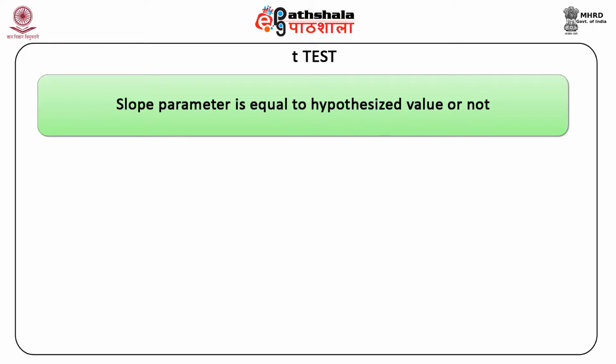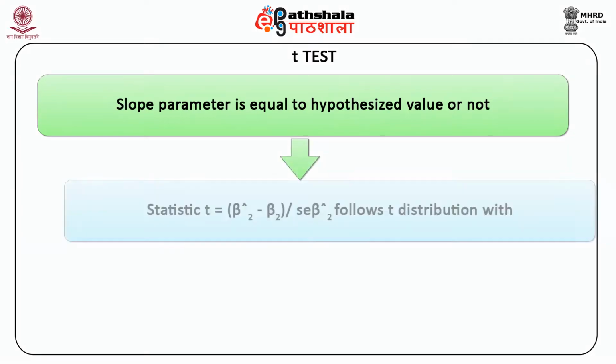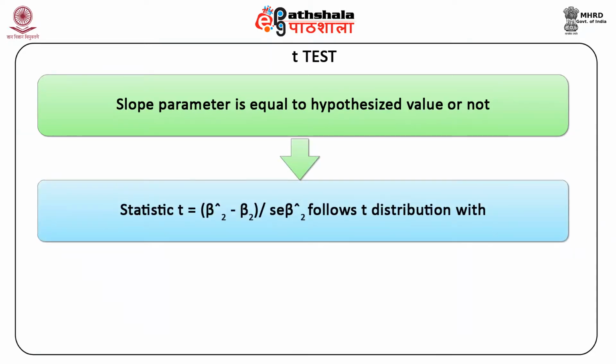Suppose the true beta 2 is specified in a null hypothesis. Now we know that the statistic t is equal to (beta hat 2 minus beta 2) divided by SE beta hat 2, and follows the t distribution with n minus 2 degrees of freedom.